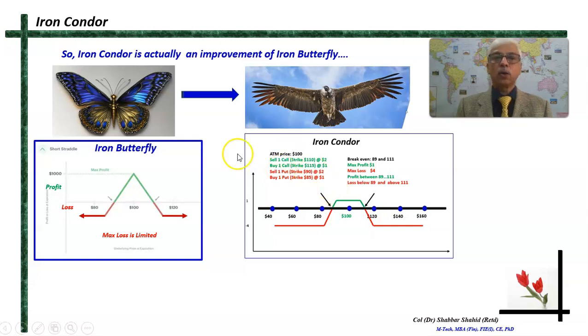So an iron condor is actually an improvement of the iron butterfly. Alright. You have seen how gradually we have built up from a straddle to a strangle, and then to an iron butterfly, and then to the condor. Okay. So in case of an iron fly, you are playing at the money. In case of a condor or the iron condor, you are playing out of the money. So you are more safe here, out of the money.